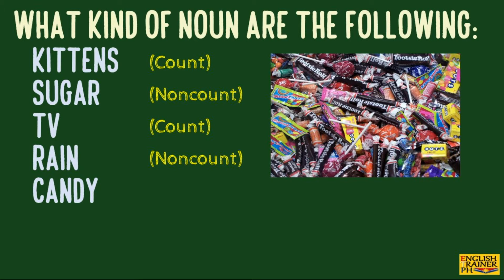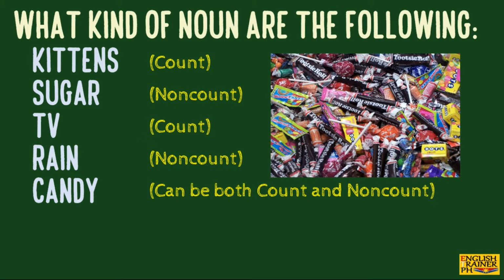How about the next one? Is it countable or uncountable? If you said countable, then you are correct. But if you said uncountable, you are also correct, because candy can be both count and non-count.